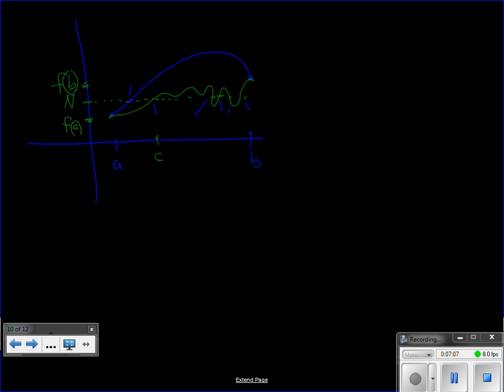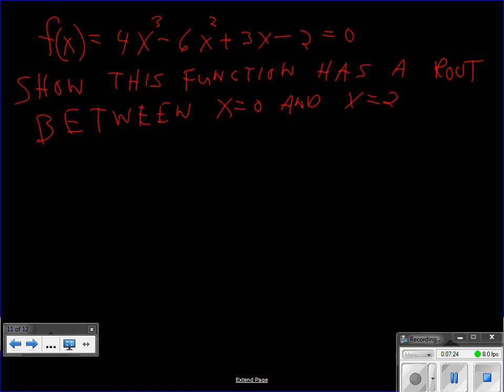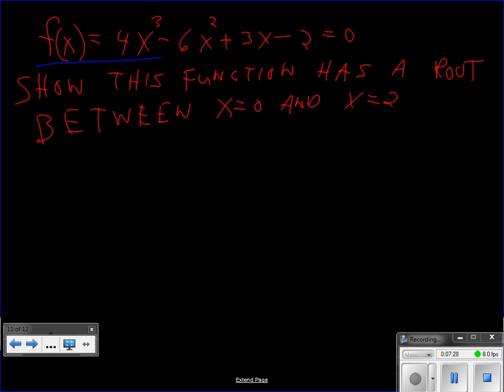Okay, let me show you an example problem, the kind of problem you'd have to work with. We just talked about the intermediate value theorem, and this would be a type of problem you might see for homework. They're giving you a function here, and this is a polynomial function.